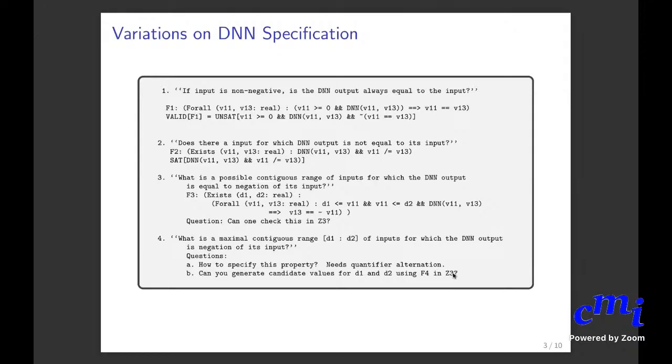Okay, as to constructing the property specification. The key takeaway here is that sometimes the property that you want to specify may not be expressible by a simple SAT and UNSAT call.